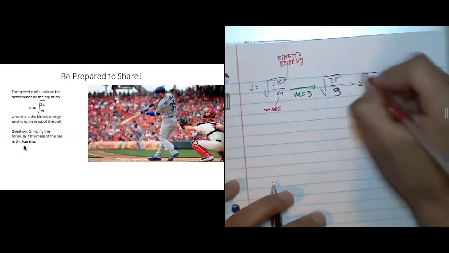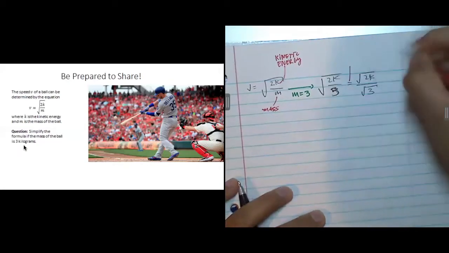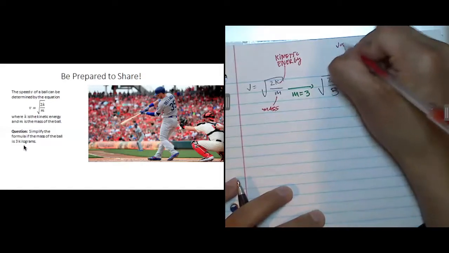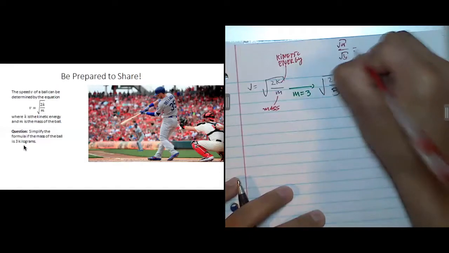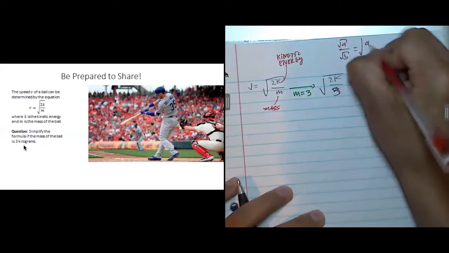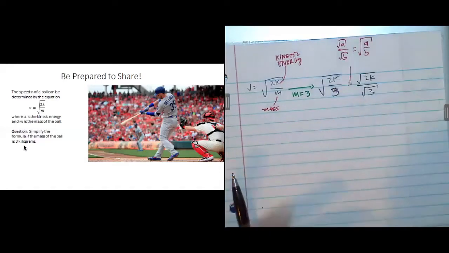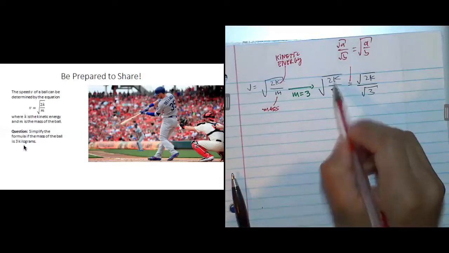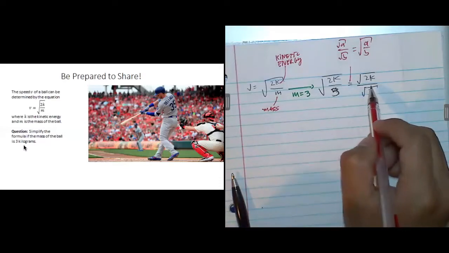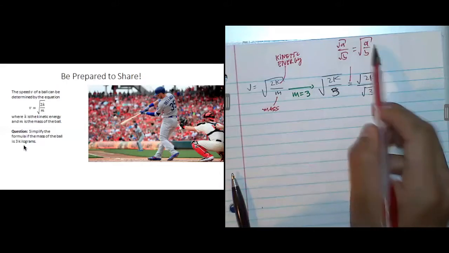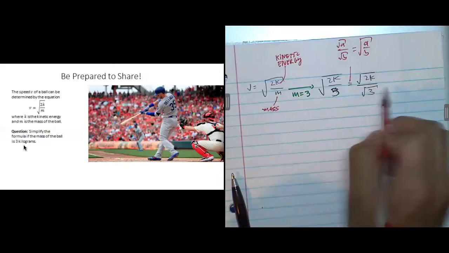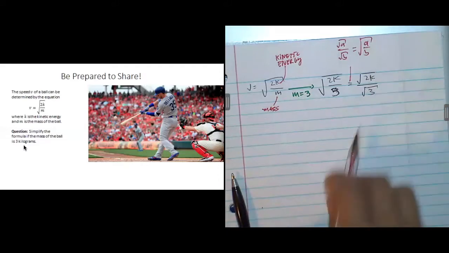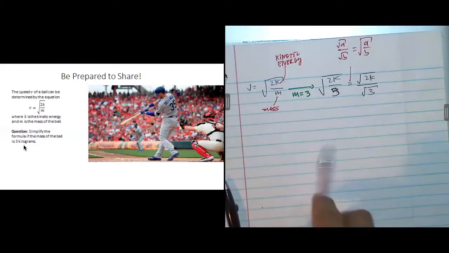The rule that we were using just now was the square root of a over the square root of b is equal to the entire thing, the square root of a over b, right? So that's what I used from here to here. So now we're here. Both are the same. Is there anything else we can do?